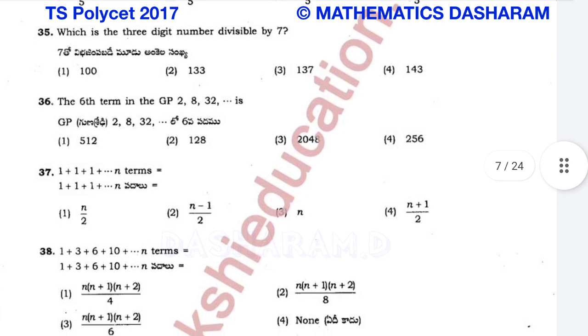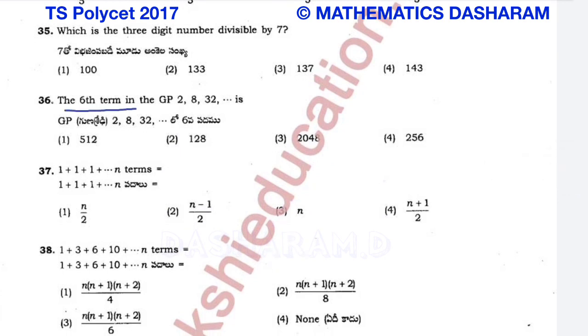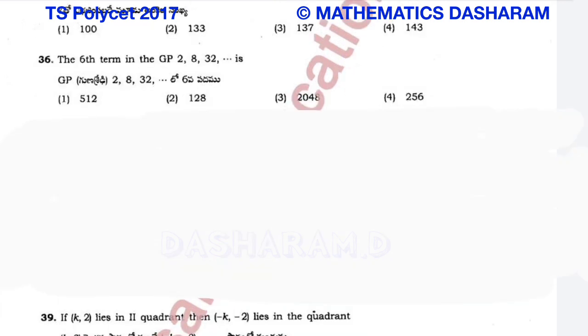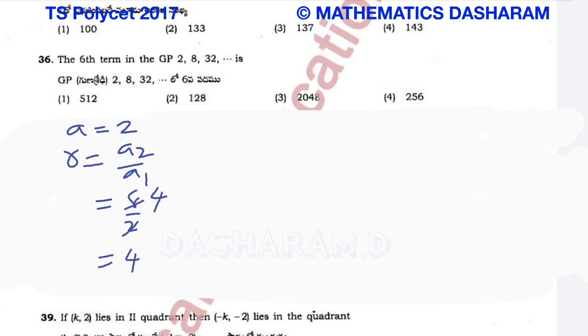Next, the 36th question. The 6th term of the GP 2, 8, 32 is. So first, the a value, that is the first term, is 2. Next, the common ratio r equals a2 by a1. A2 value is 8 and a1 value is 2. 2 ones are 2, 2 fours are 8, so r is 4. Then the an formula is a into r to the power of n minus 1.